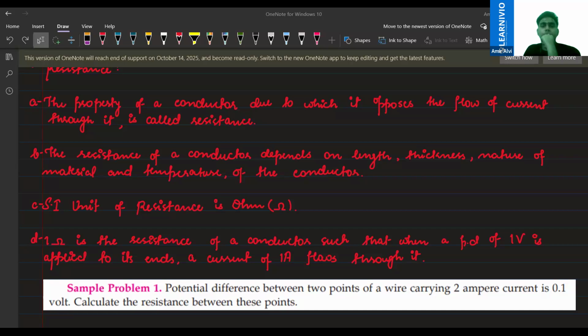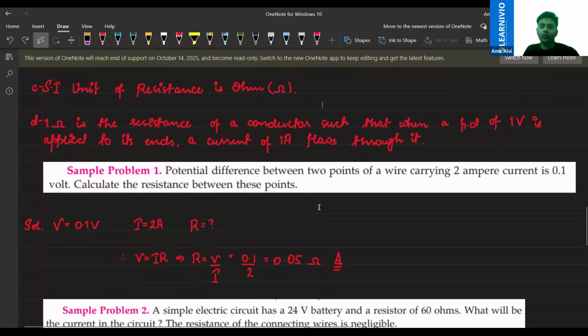Ritvika, please always mention the unit. Okay, right. Yes, it's 0.050. Very good, all. Please do this question.